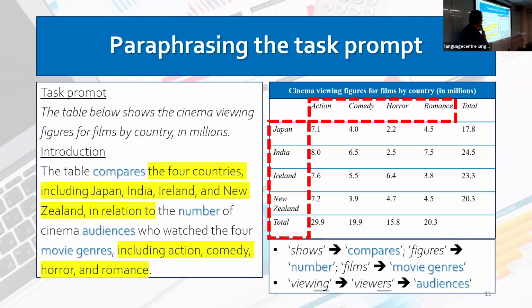But you can see in my version of the introduction, I have some words highlighted in yellow. Why? That's because I need to be more specific to the examiner. If you have a chance to read the examiner's report, there are some sample scripts prepared by the British Council or by the official IELTS organization in order to tell the public what their expectations are.